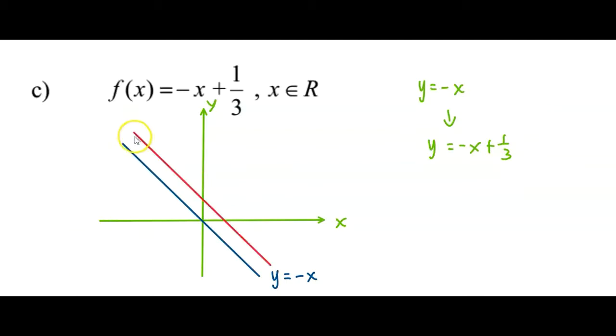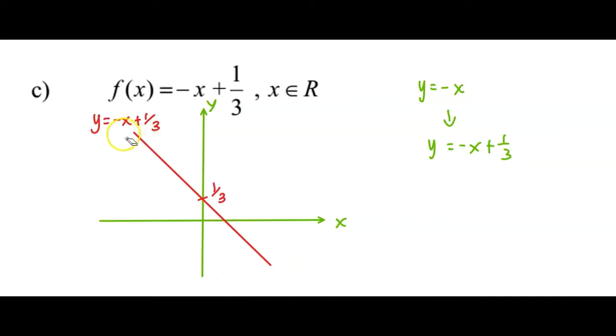The graph with the red color is y equals negative x plus 1 over 3. You can see that the red line and the blue line are actually parallel to each other, but they have a translation. The location will be different, and the y-intercept becomes 1 over 3, and now we can erase this off.